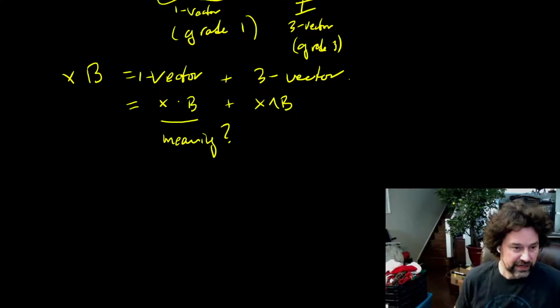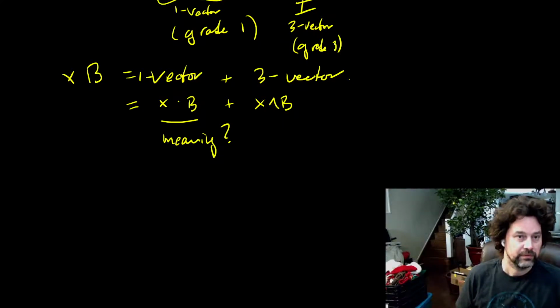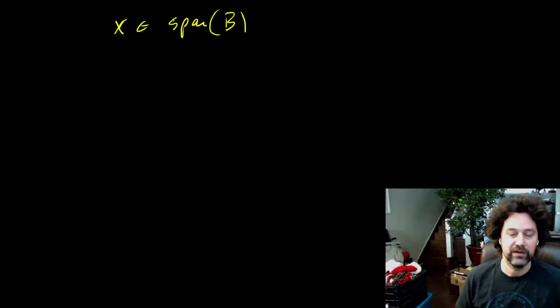So suppose that we have x lying in, I'll use notation a bit loosely, the span of B. Really we mean the span of orthogonal factors of B, but if we have such a vector, then B wedge x, or x wedge B, is going to be 0.